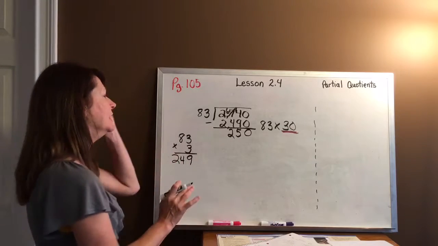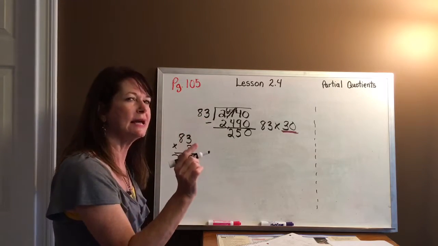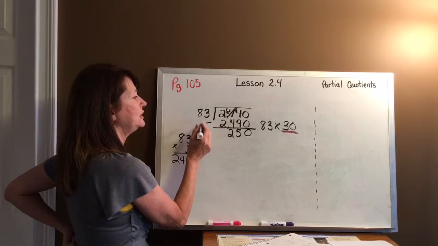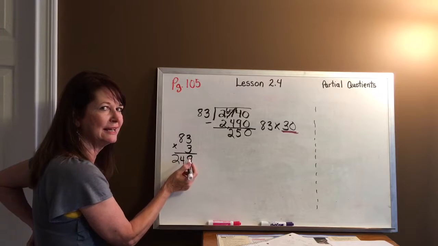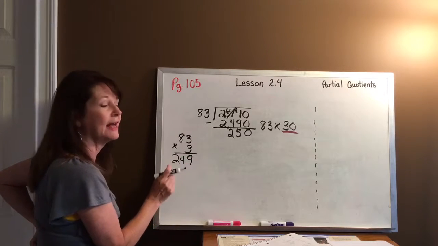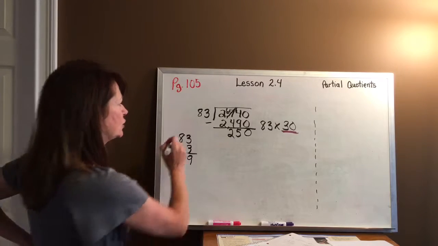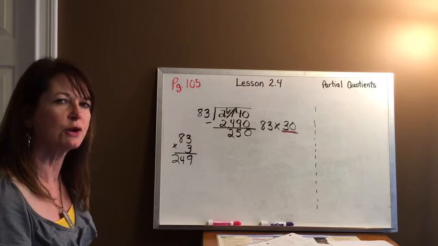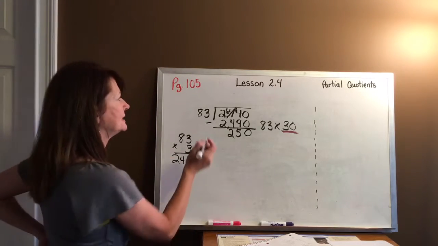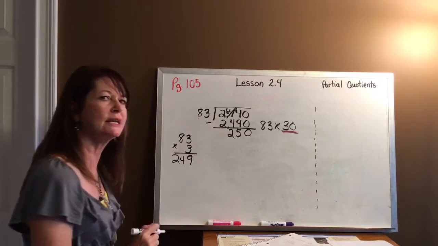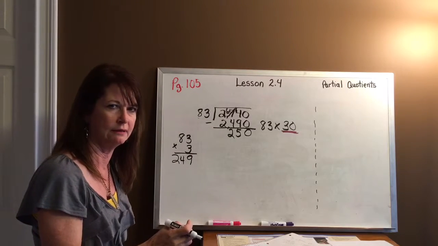So stay with me. Think about this again. So can we do 83 times 3 again? That's why I don't like you guys to scribble out what you've done, your scratch work. Don't erase it. Leave it there, because this same 83 is going to be used over and over again, okay?